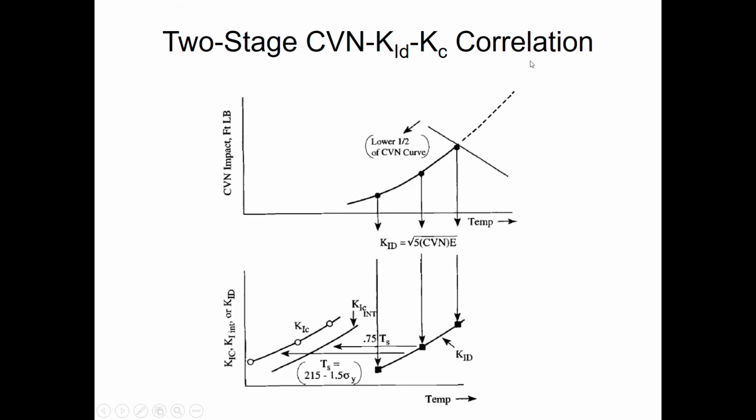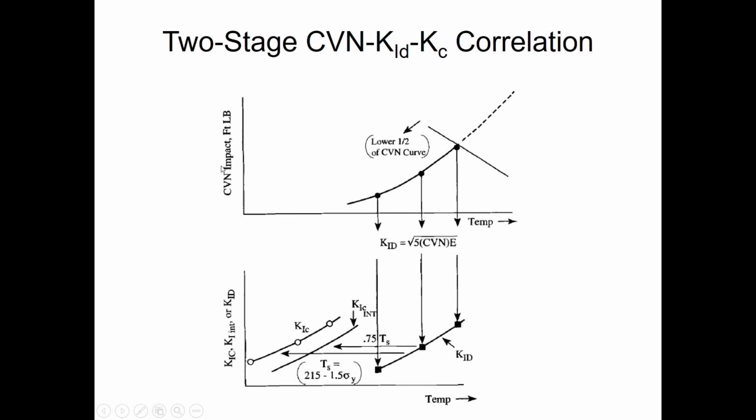This is the two-stage CVN K1D KC correlation as well, but this is through the plot of a graph. If you see, this is the graph with the increment of temperature. The trend is not linear, so it will be the lower half of the CVN curve, and it will increase with the increment of temperature.